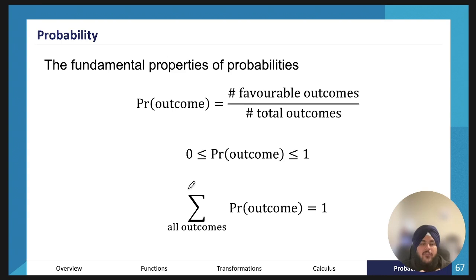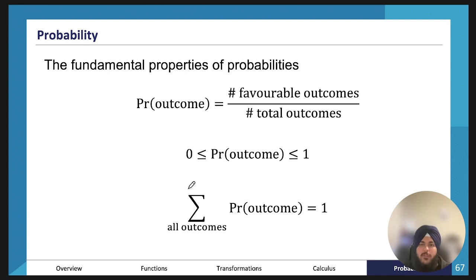Okay, so now we'll look at the fundamental properties of probability. What is a probability in the first place? The probability of an outcome or an event occurring is just the number of favorable outcomes over the number of total outcomes.